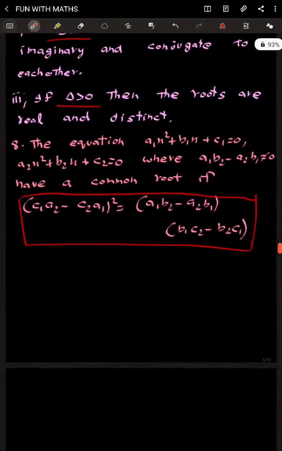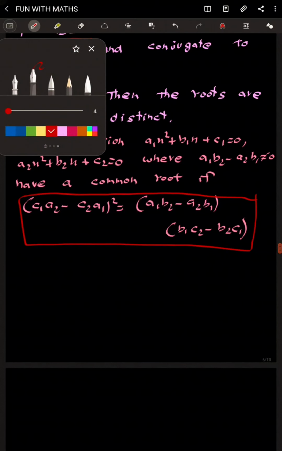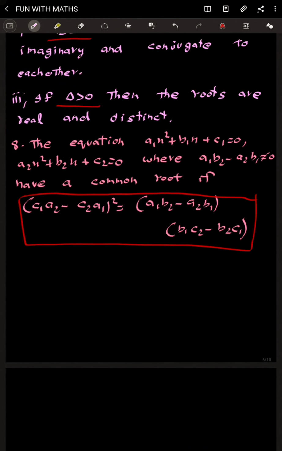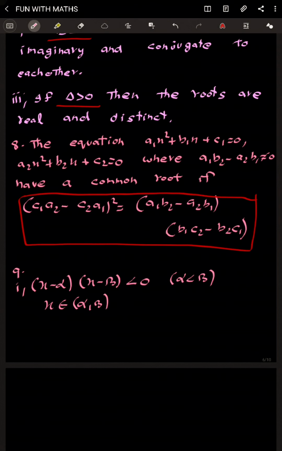So next one, some formulas based on functions. So in this first one, x minus alpha into x minus beta less than 0, where alpha is less than beta, x belongs to alpha comma beta.